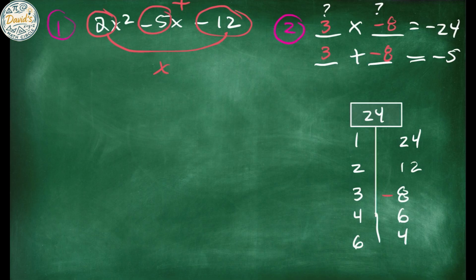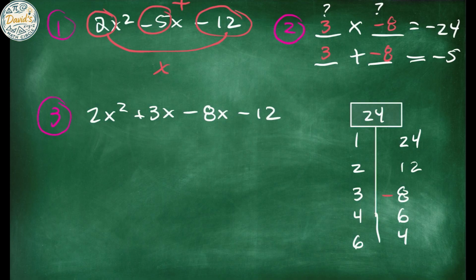From now on, what we will do with those two numbers is deconstruct the middle term of my trinomial. So I will end up with 2x squared plus 3x minus 8x minus 12.